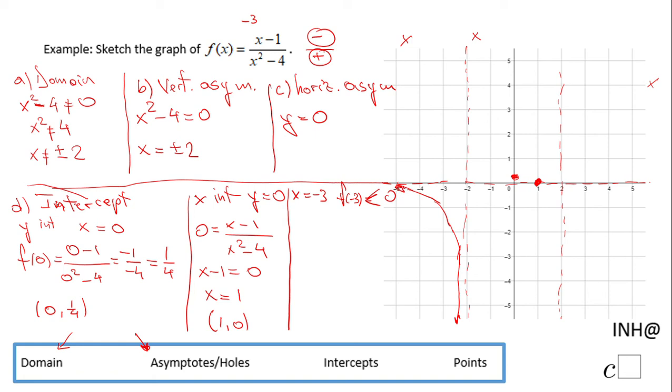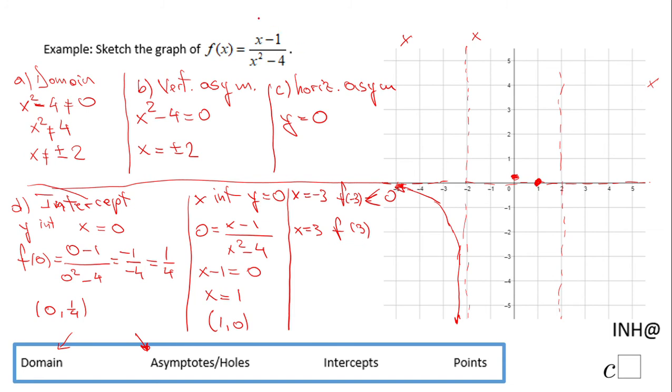We can really evaluate that, but we don't really need that. Similarly, we're going to take a number larger than 2. Let's finish with the right side, like +3, and we're going to look at the value of the function at 3.